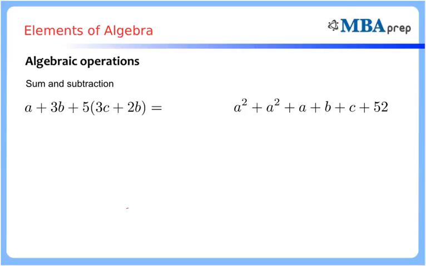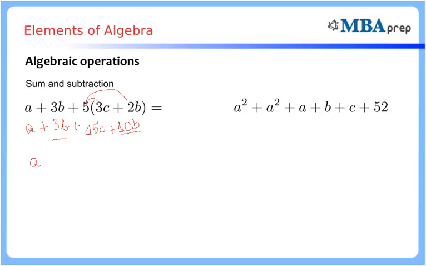The algebraic operation between symbols follows the same standards as we had in arithmetic. So here we would have a plus 3b plus, then just multiply 15c plus 10b. B might combine with another term that has b.